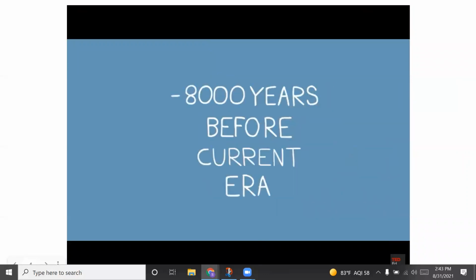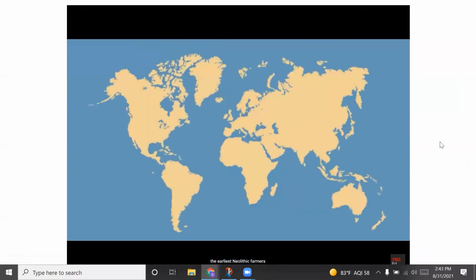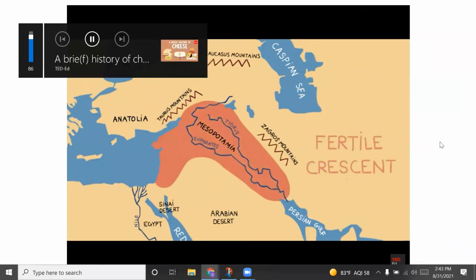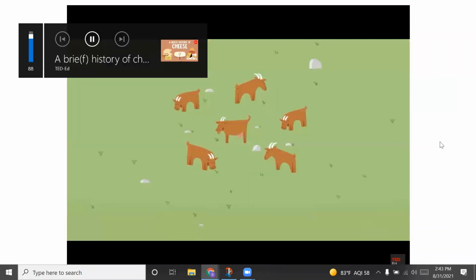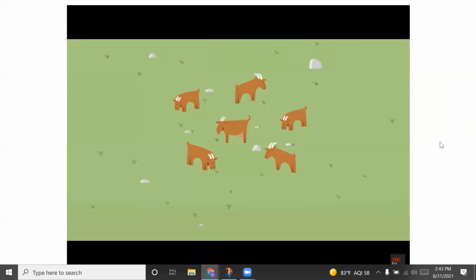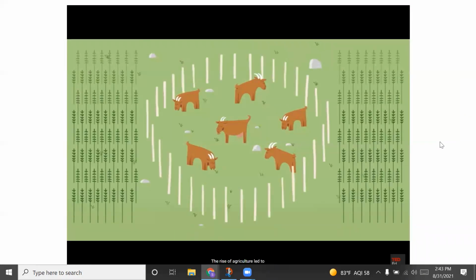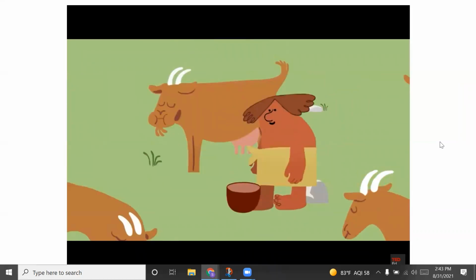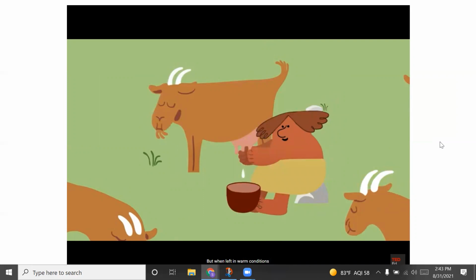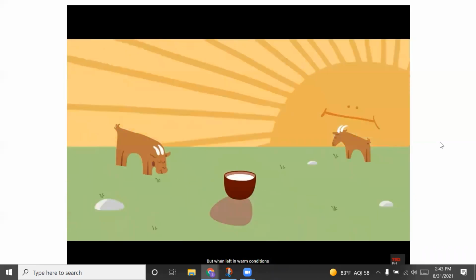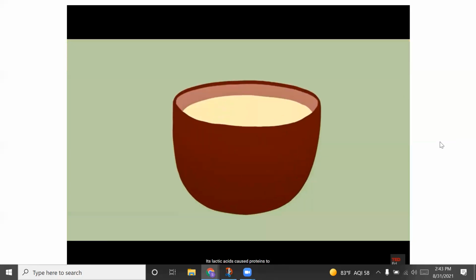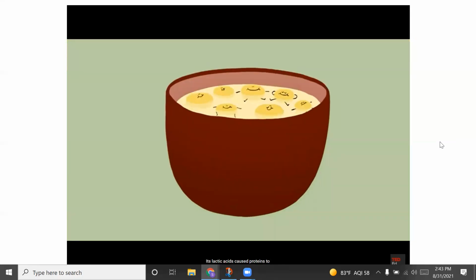As early as 8000 BCE, the earliest Neolithic farmers living in the Fertile Crescent began a legacy of cheese making, almost as old as civilization itself. The rise of agriculture led to domesticated sheep and goats, which ancient farmers harvested for milk. But when left in warm conditions for several hours, that fresh milk began to sour. Its lactic acids caused proteins to coagulate, binding into soft clumps.